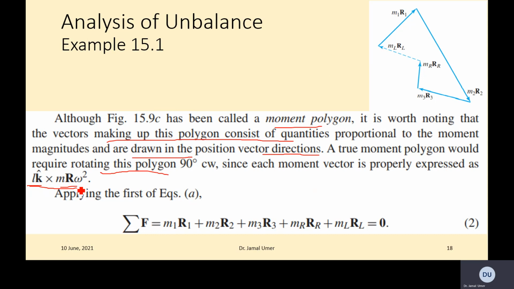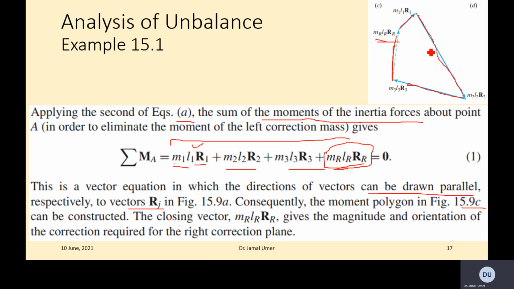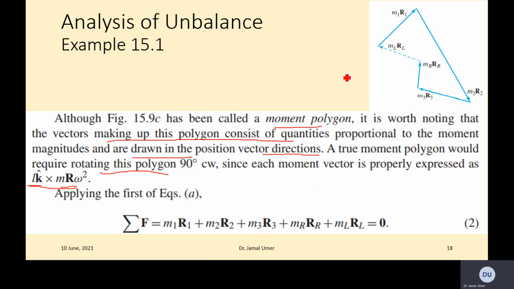Whenever you take a cross product of two vectors, the resultant is at 90 degrees to those, right? So that's why we actually cannot say this is the moment polygon. Why? Because each moment is basically 90 degrees to the original vectors, right? So for that reason, the best way would be to rotate this whole polygon 90 degrees clockwise, right? So you rotate 90 degrees, and that will be the actual polygon.